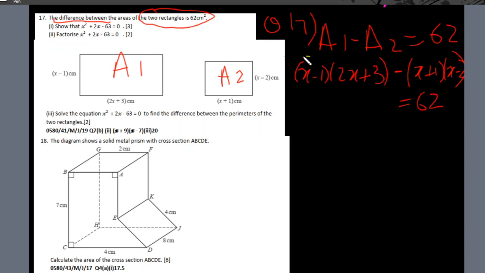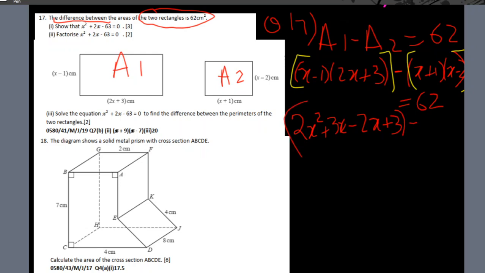Alright, so I'm solving these separately, this and this. Let me grab the red pen. So 2x square plus 3x minus 2x minus 3, then a negative sign, and then bracket x square minus 2x plus x minus 2, bracket close, equals 62.